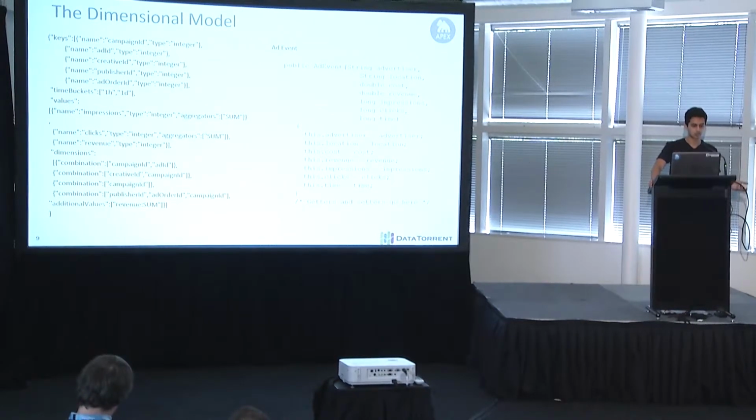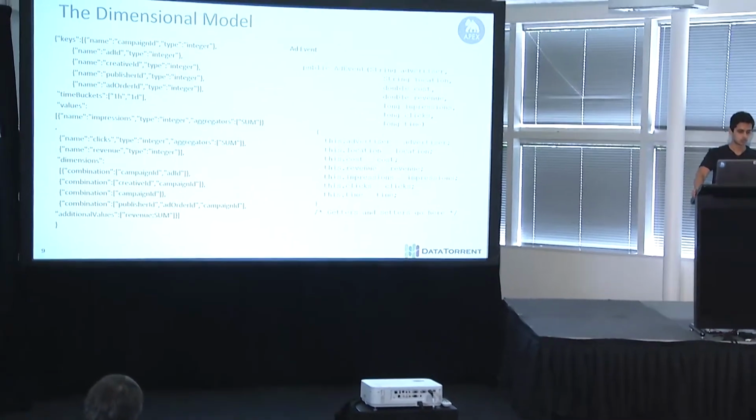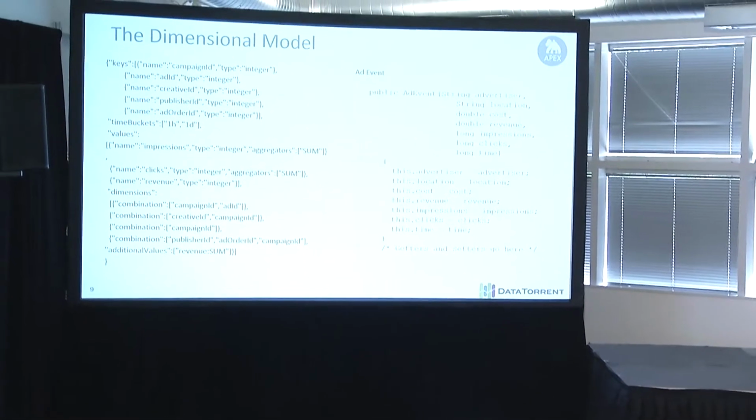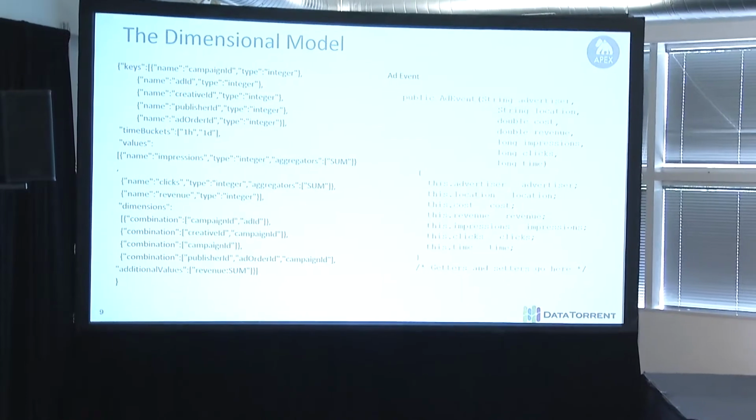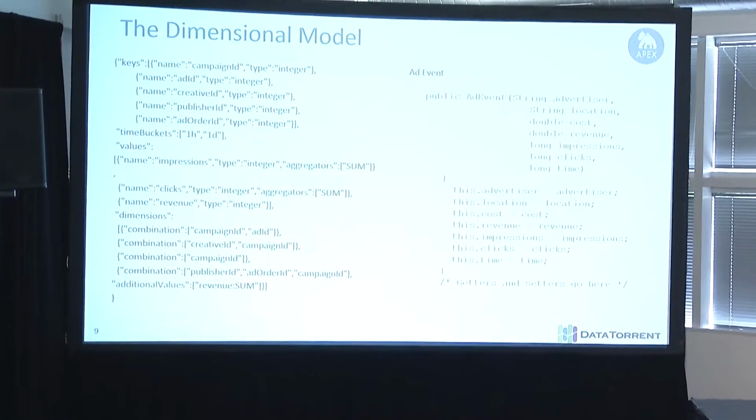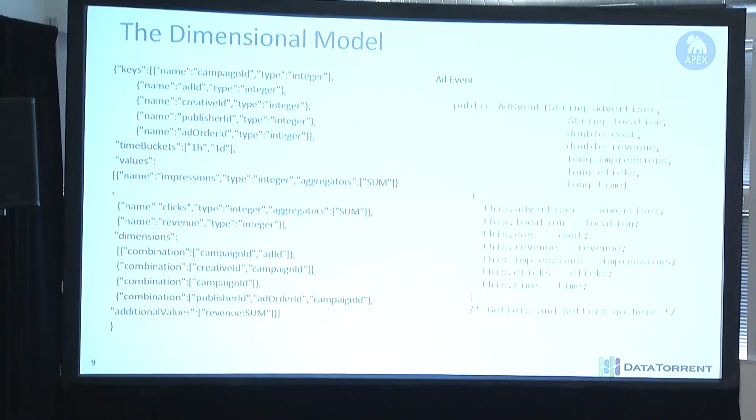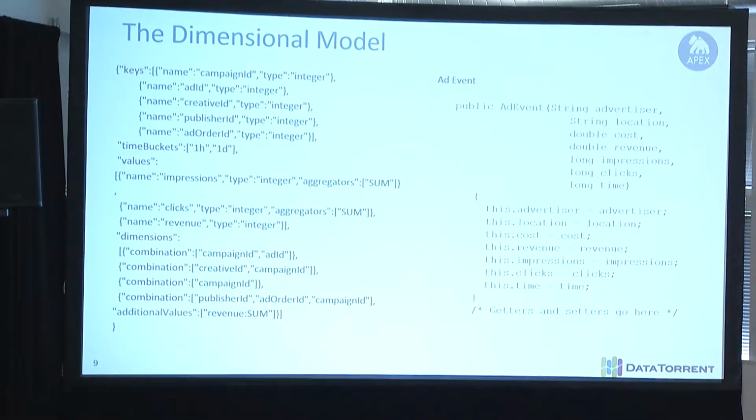Time buckets are 1 day, 1 hour. You could set them to arbitrary numbers, but just from a bucketing perspective, I've set it to 1 day and 1 hour. And then in the values section, you could have the metrics over which you want to measure something. The metric values I have in this case are impressions, clicks, and revenue. And aggregators specify the aggregate function that you want to apply on them.